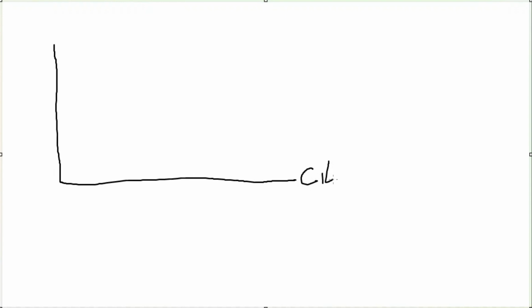Okay, let's draw the XY axis. The x-axis is represented by city, and this one is salary. And here, city, we have city A, city B, and city C. And we want to make bars, a bar next to each city.